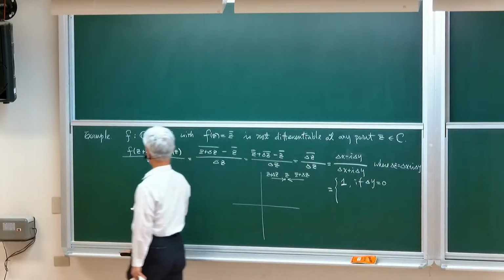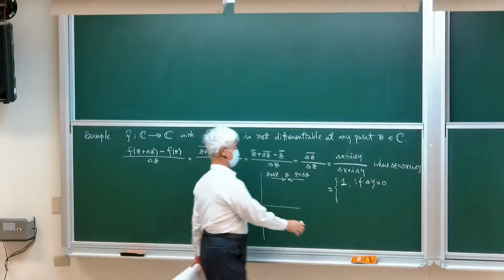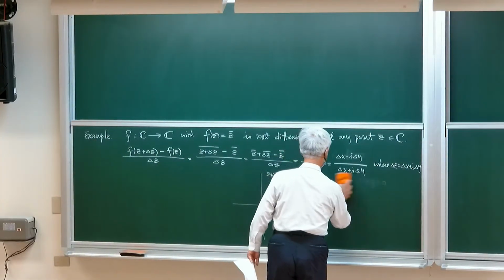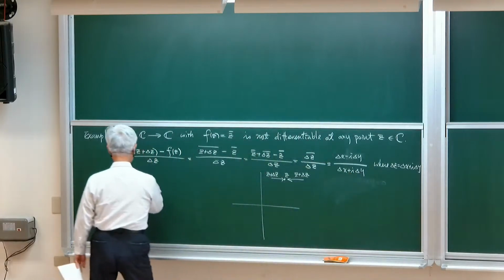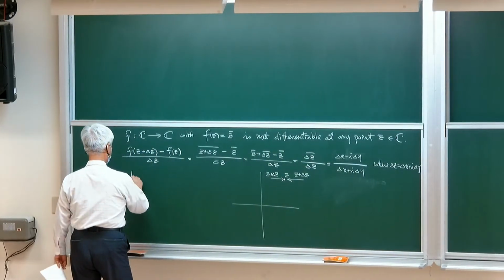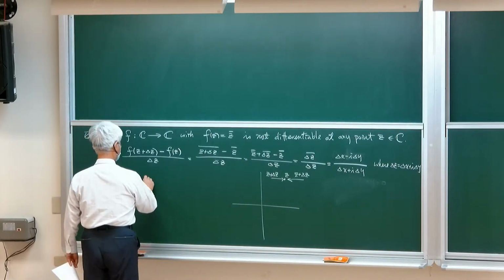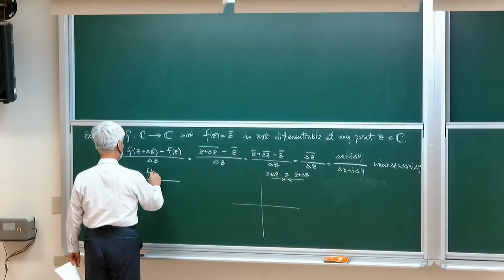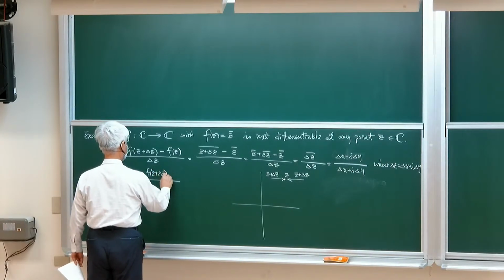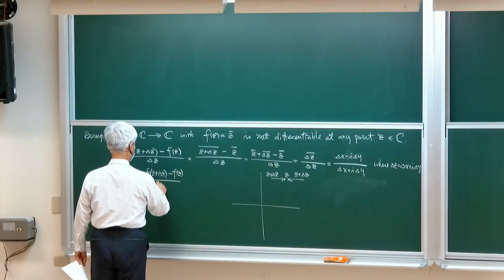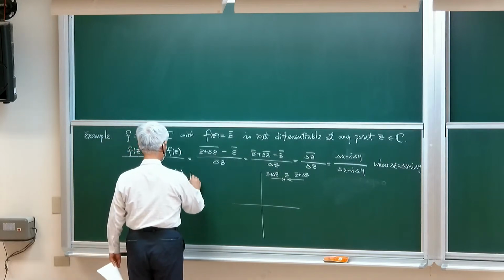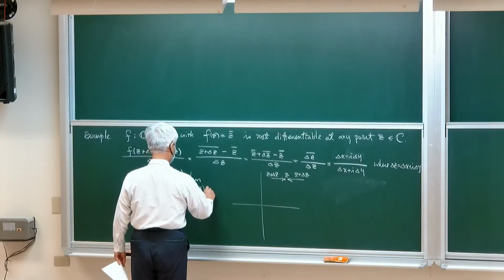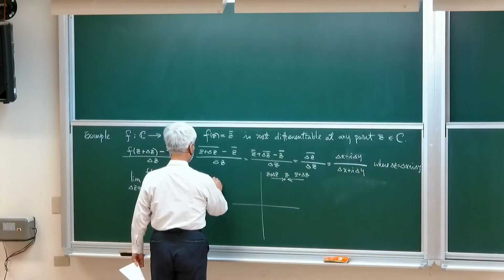So now, the limit as delta z goes to 0 of the ratio equals the limit as delta x plus i delta y goes to 0 of the ratio.